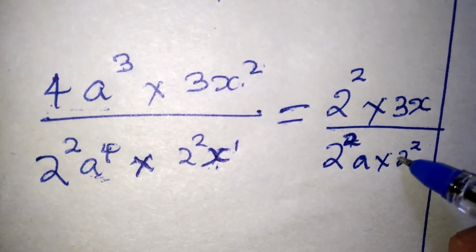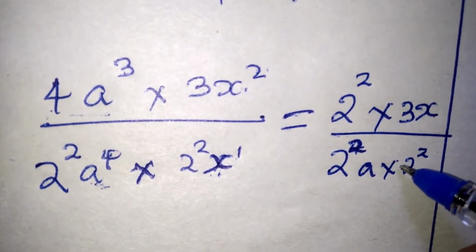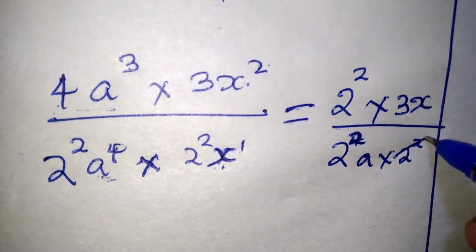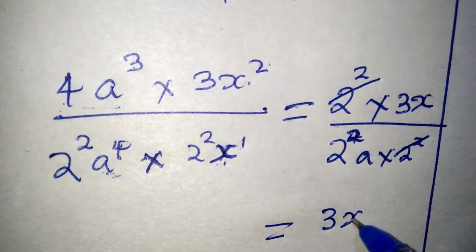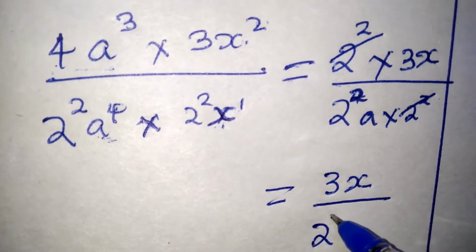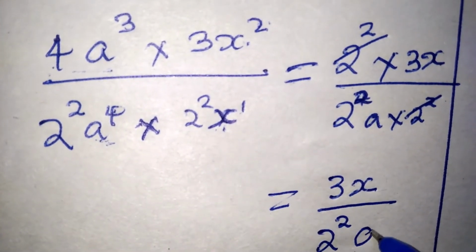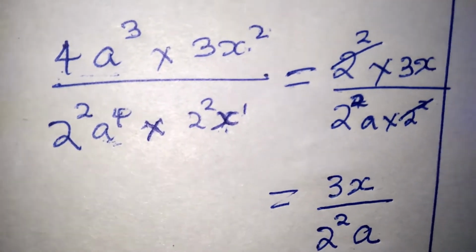Now at this point again, we can simplify this by cancelling. We will be left with 3x over 2 squared a as our final answer.